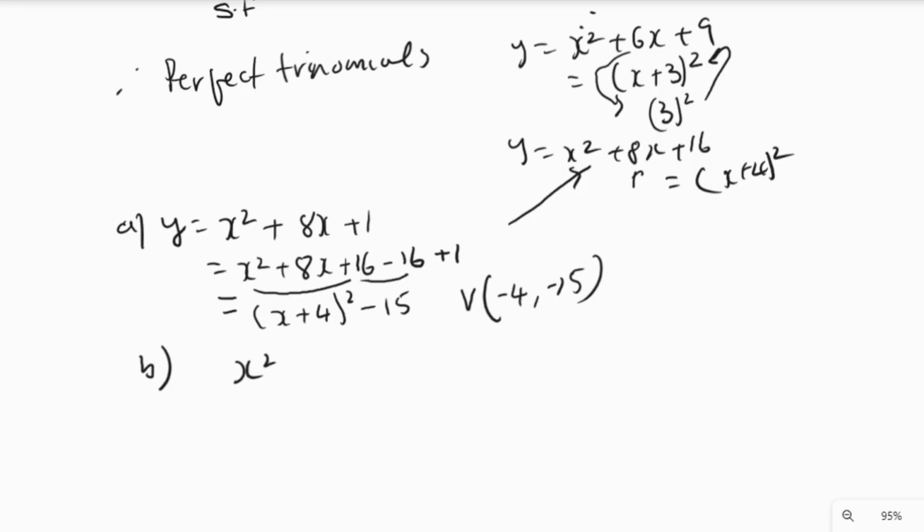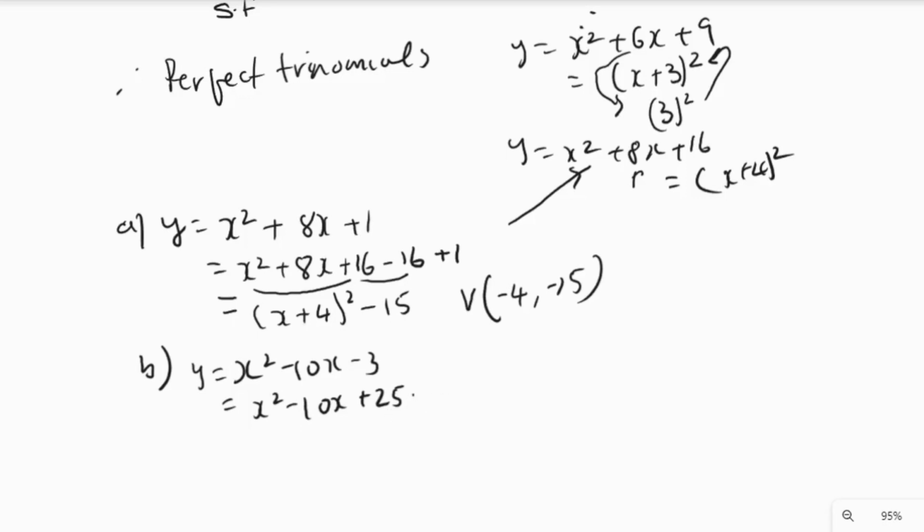Okay, y equal to x squared minus 10x minus 3. The x squared coefficient is positive 1, so no problem. With x squared minus 10x, I have to add some number to make it a perfect square. Half of 10 is 5. 5 squared is 25. I cannot just add 25. I must add 0.